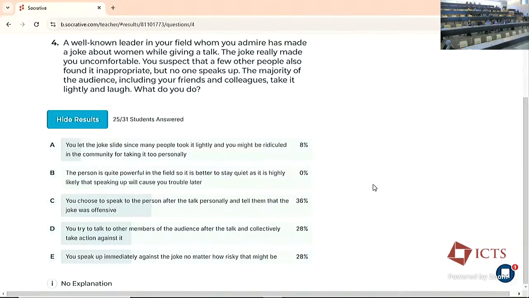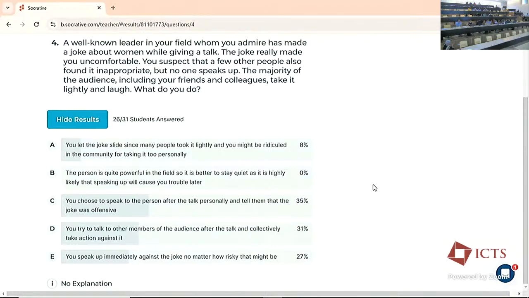Trying to convince this well-known leader that they should stop making jokes like this doesn't feel like it will have much impact. But if other people come and say, "I noticed this. I didn't think it was funny. I myself don't hold that opinion," that feels like a more supportive course of action than anything else. So I chose D, I guess.